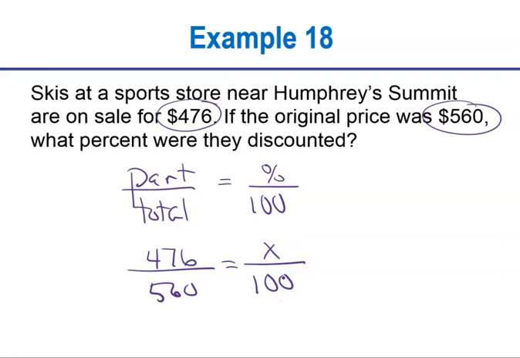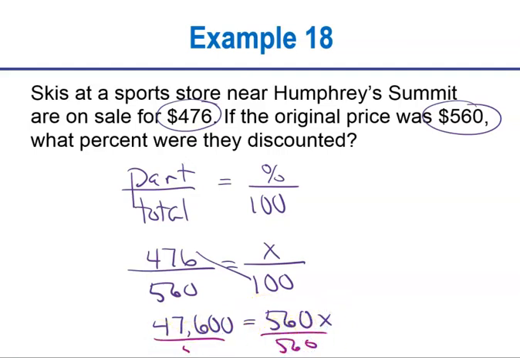Now, keep in mind, this is how much percent you would pay, not the discount. So when we calculate this, we cross multiply. So cross this way, you have 47,600. Cross the other way, that's 560 times x. I'm going to divide by 560 on both sides to get what that percent value is.